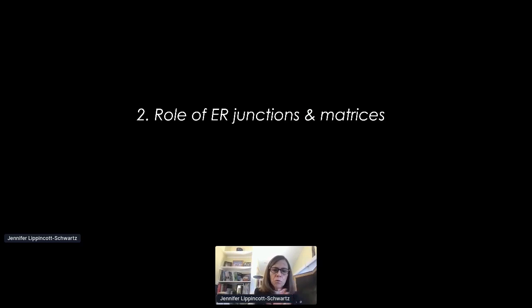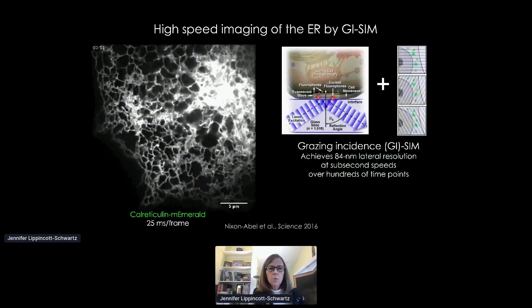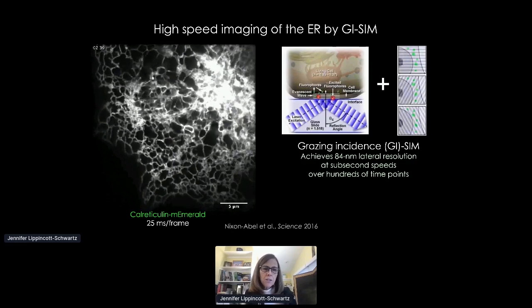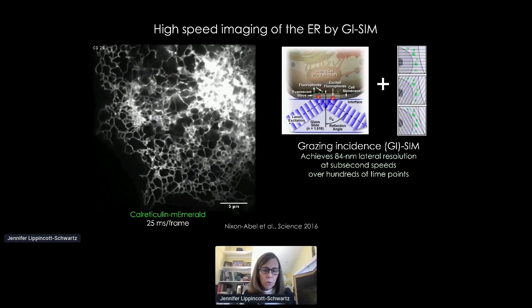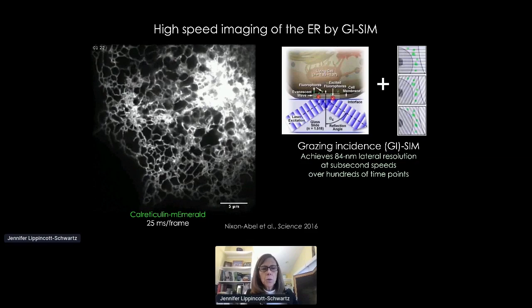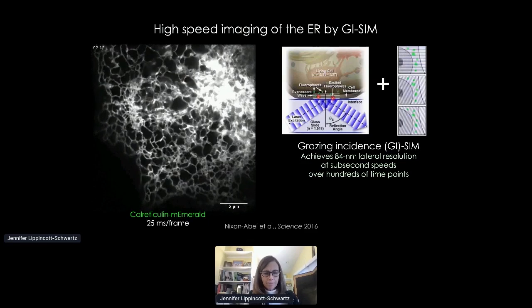So I now want to move to what the ER junctions, the three-way junctions and the matrices that are so characteristic of ER might be doing in terms of ER function. We really began appreciating the extent of these matrices, or these three-way junctions, when we had the ability to do high-speed imaging.